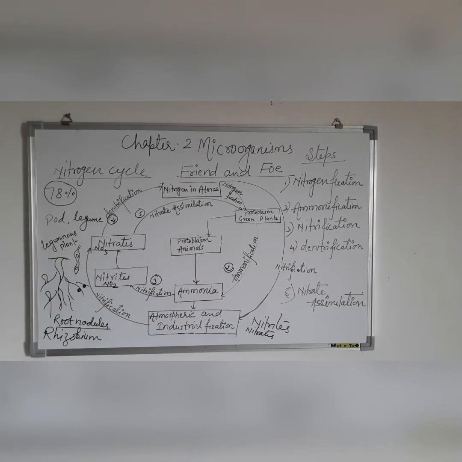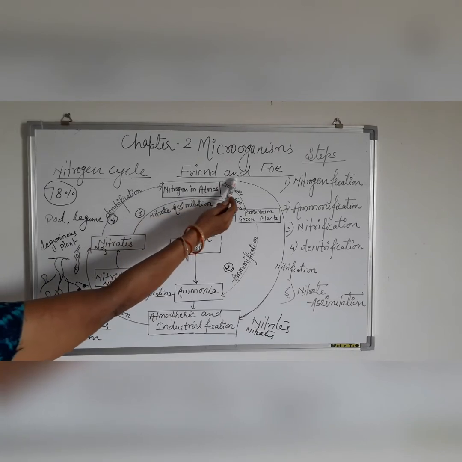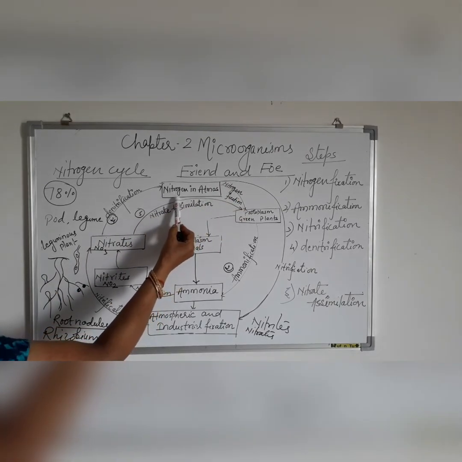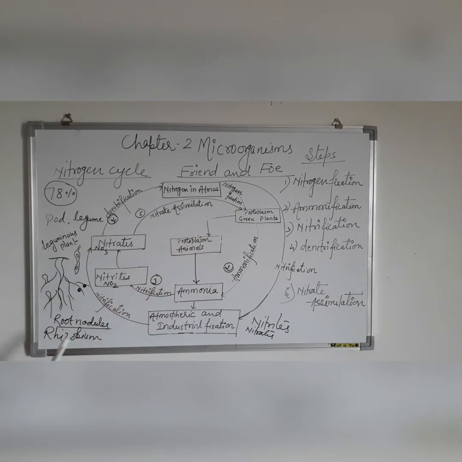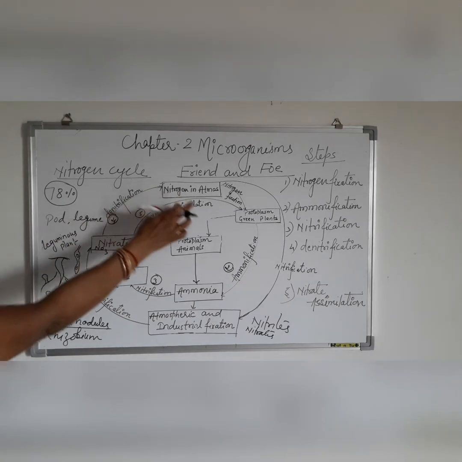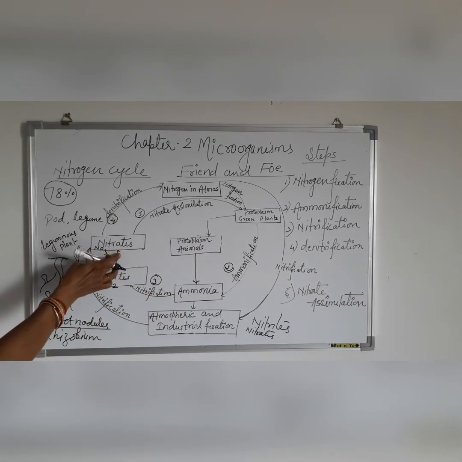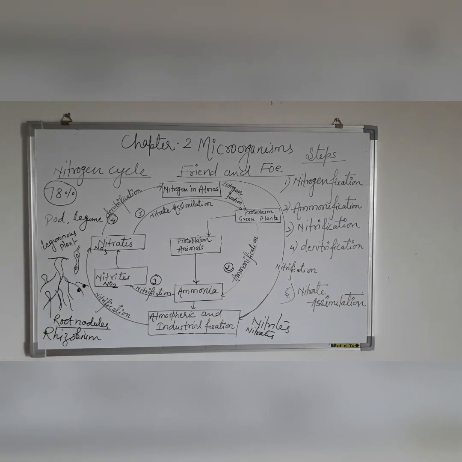Now children, you can see here that nitrogen which is present in the atmosphere is also directly converted into nitrates. Here we have seen that nitrogen was converting into nitrates with the help of Rhizobium bacteria, as here the conversion is taking place with the help of a living organism.